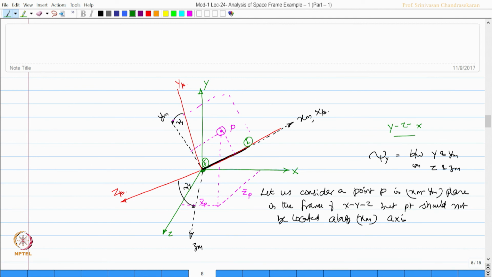So, P is the point located in xm ym plane, but not along xm axis. Having said this, we need to find out the coordinates of these points.